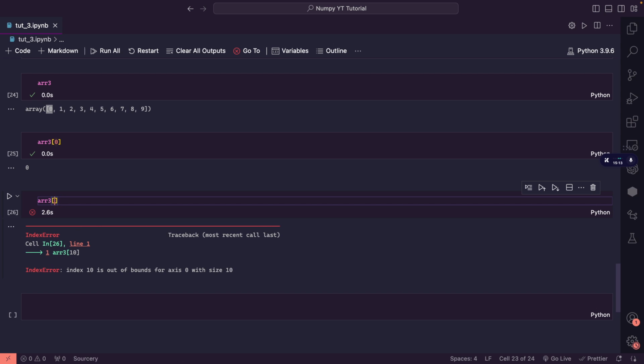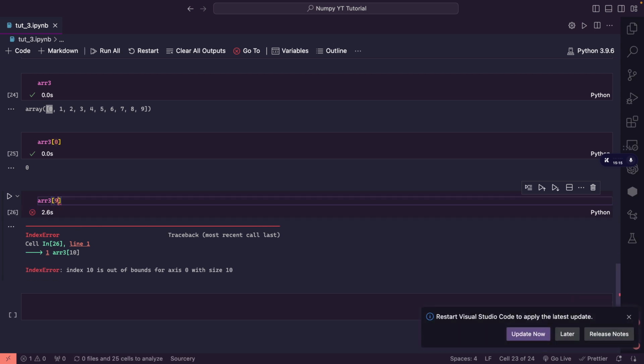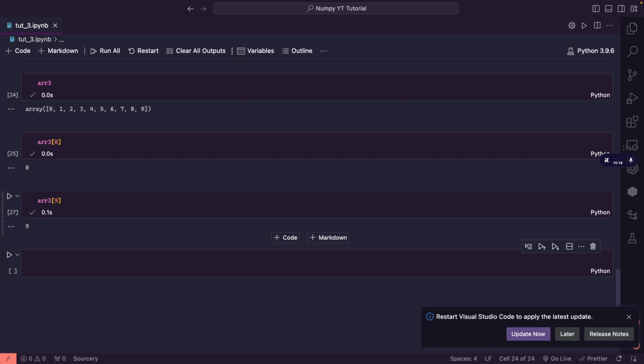But what if I give 9? See, magic. Why? Because conventionally it starts from 0, it does not start from 1. So if we give 10, it means the 11th element.